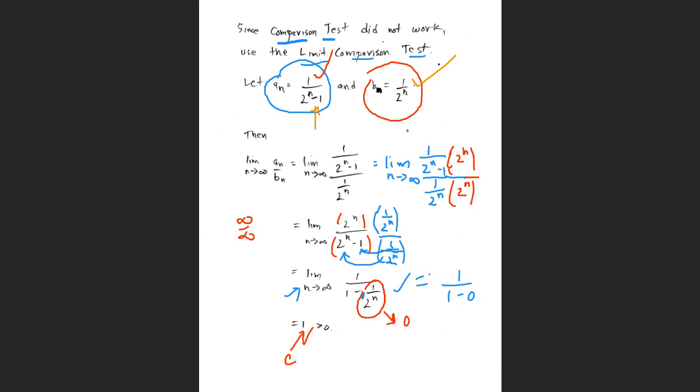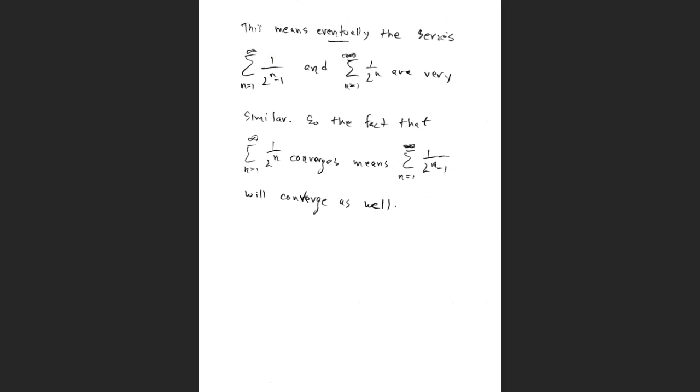Okay, well, let's finish the problem off then. So this means eventually our two series, the series with n equals 1 to infinity of 1 over 2 to the nth power minus 1, and the geometric series n equals 1 to infinity of 1 over 2 to the nth power, are very similar.